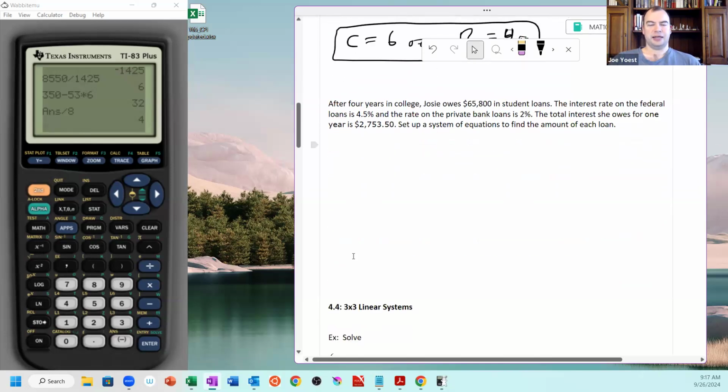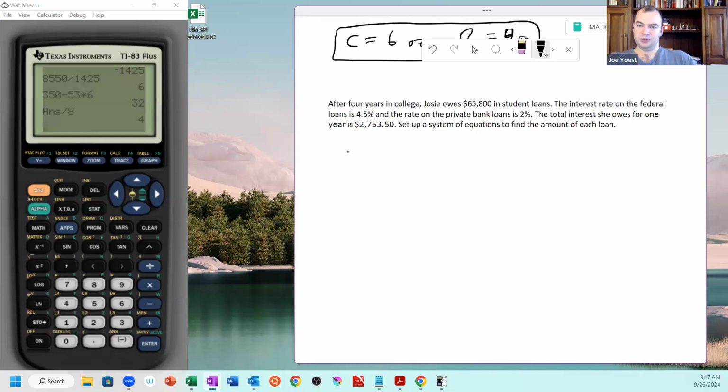Okay, so let's look at this last problem in 2x2 systems. So again, we'll take this narrative, we'll set up a 2x2 system and then solve it. These aren't the nicest numbers, but we don't always get to deal with super nice numbers. We do see that we're dealing with an interest rate problem here.